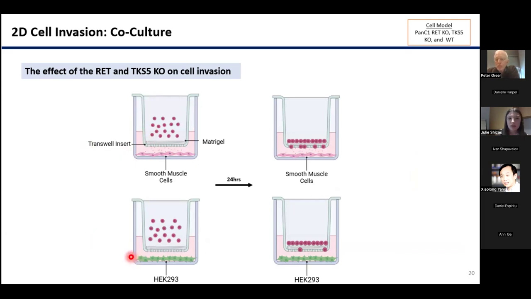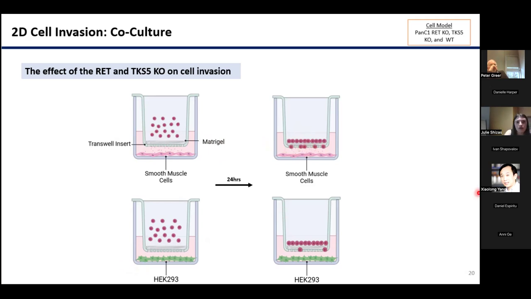The difference between the two is that the SMC cells secrete GDNF and other ligands, creating a constant chemoattractant gradient over the 24-hour period, versus HEK cells, which do not secrete GDNF, RET's ligand. After 24 hours, we quantified how many of these cells were able to degrade through the Matrigel matrix and through the pores of the top insert.